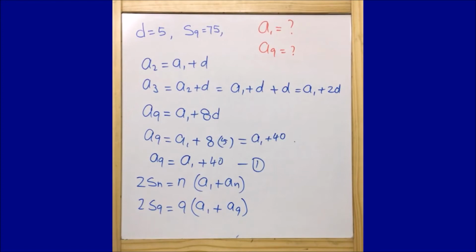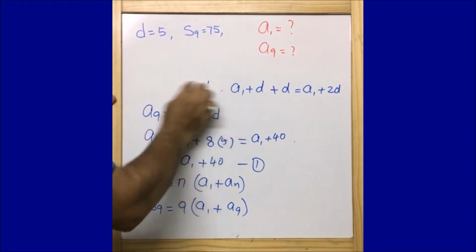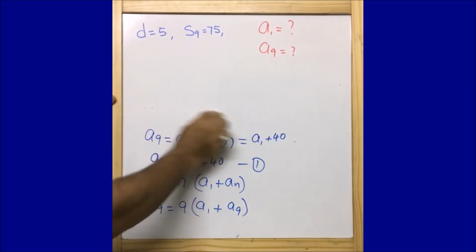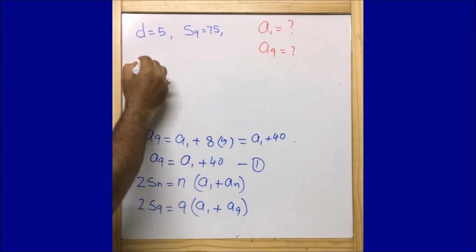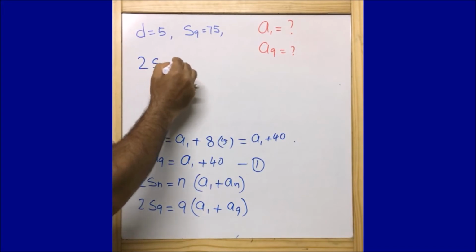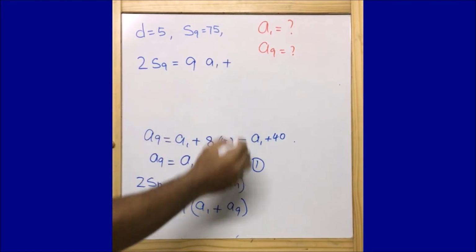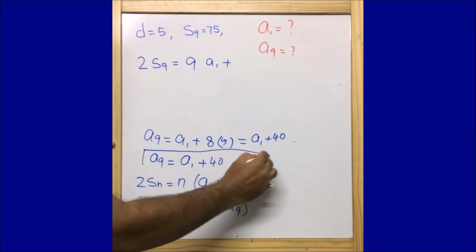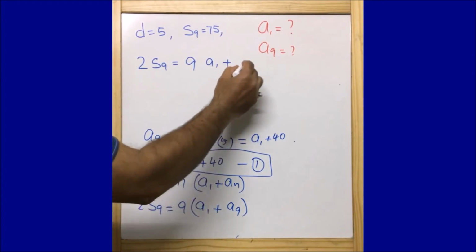Just I can put the values of whatever we have in this equation. 2S9 is equal to 9 into A1 plus A9. You could see that we got A9 is equal to A1 plus 40. Just I will replace this value for A9 here, A1 plus 40.